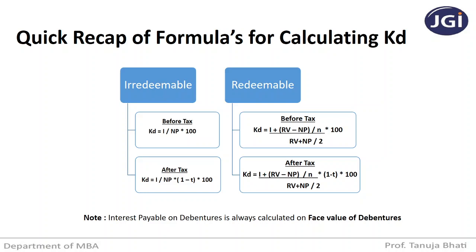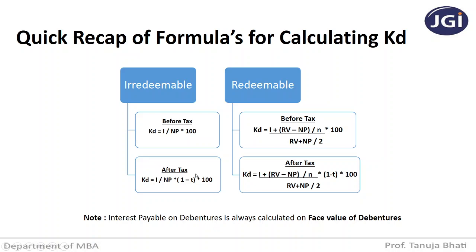So when there are irredeemable debentures and it is before tax, the formula is I divided by NP into 100. I will remain the same irrespective of whether it is issued at par, premium or discount, because interest payable on debentures is always calculated on the face value of debentures.